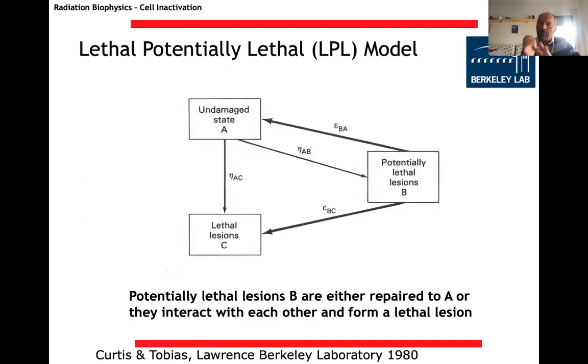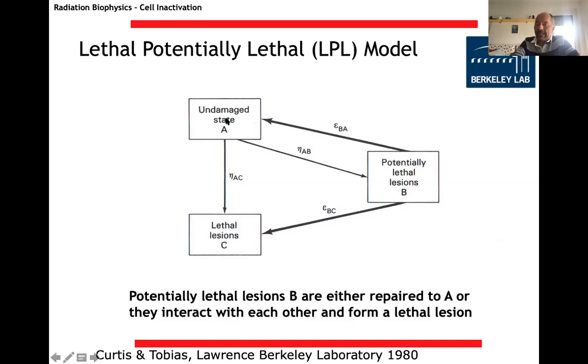Now, a few notes on other models. For example, if you try getting closer, let's say, to the modern models, this is still old, it's the 80s, but the idea here was to try to use the molecular approach. So you say you have an undamaged state, which is, for example, a DNA which has no lesions.